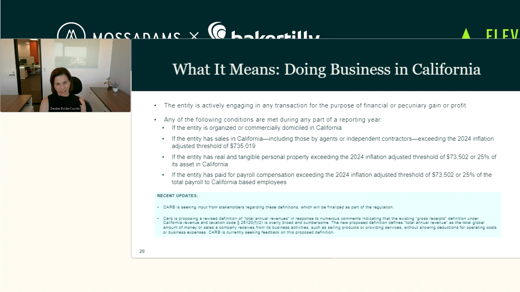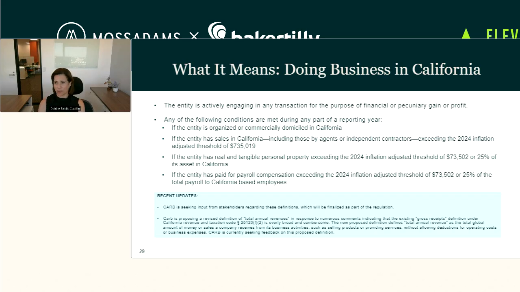Okay, so what does it mean to do business in California? Again, this is something that is still being worked through. The current guidance that we have got from CARB is initially aligning with the tax laws in California. So number one, an entity is actively engaging in any transaction for the purpose of financial or pecuniary gain or profits.